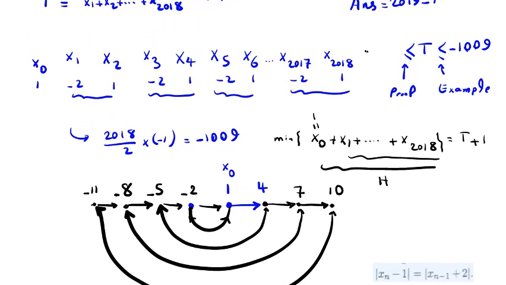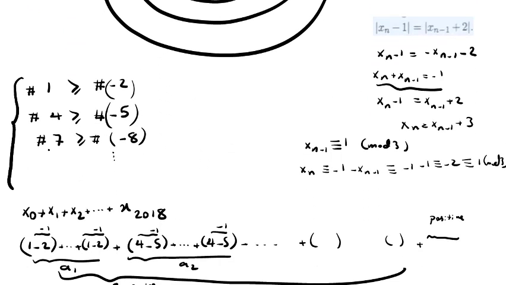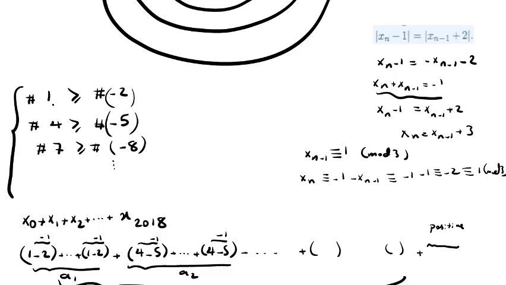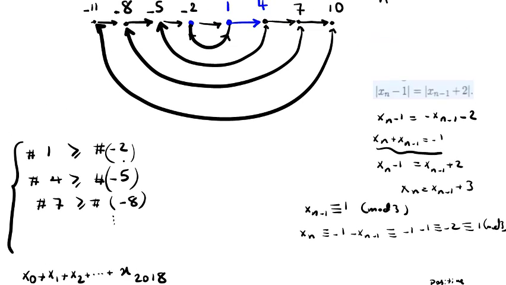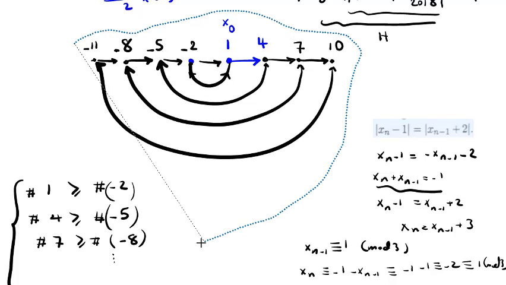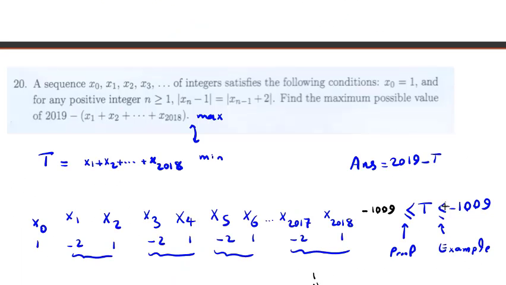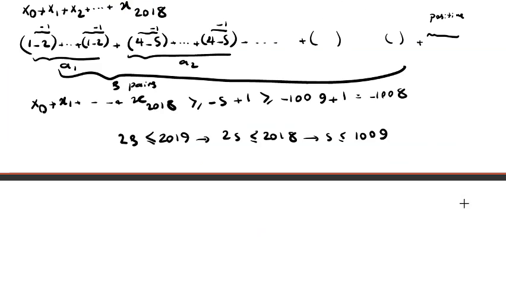And then we prove this part. But now we should prove the thing I told you here: why the number of positive 1s is greater than or equal to the number of negative 2s. Let me copy and prove it.